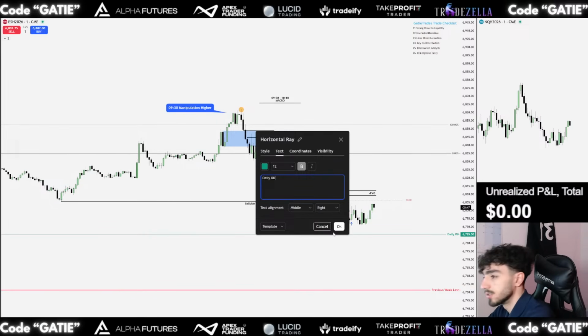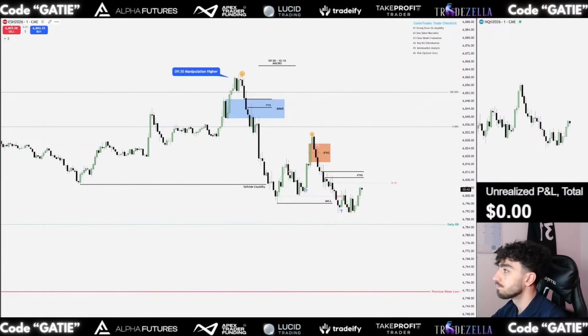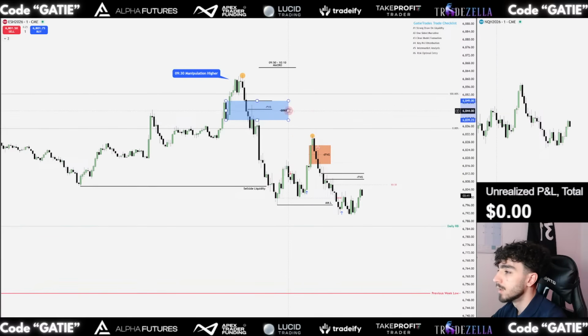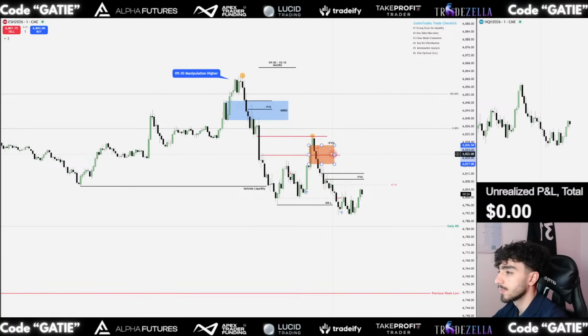I was looking for this as a target, that daily rejection block. Yeah, I mean, pretty textbook setup, I would say, right? Nothing too crazy for this setup. I'll make my annotations.